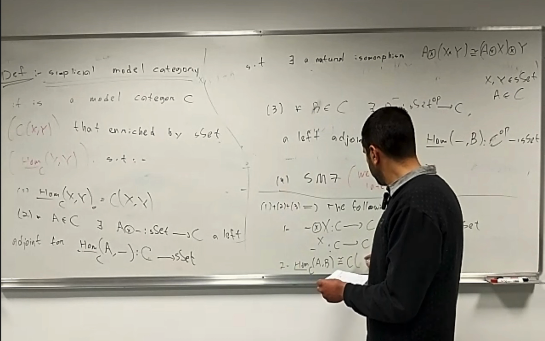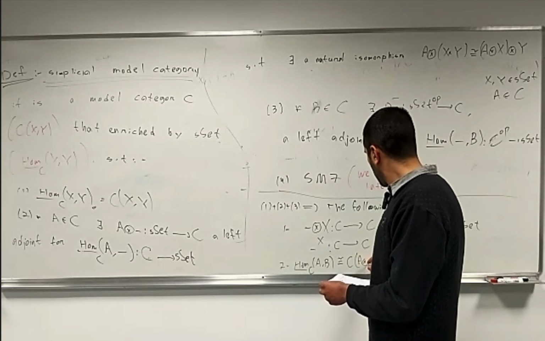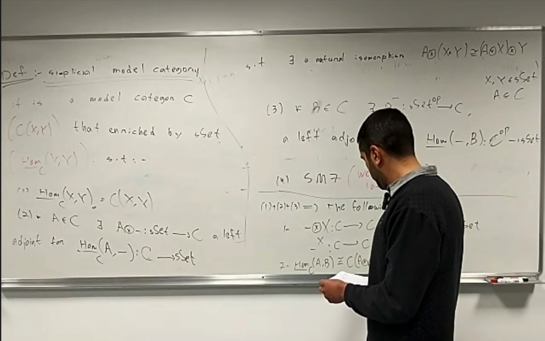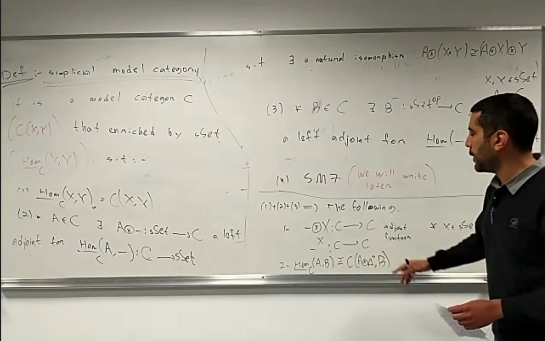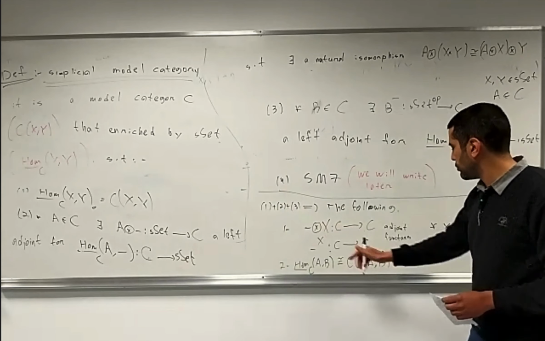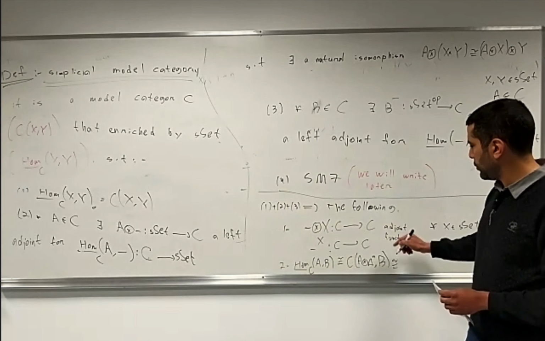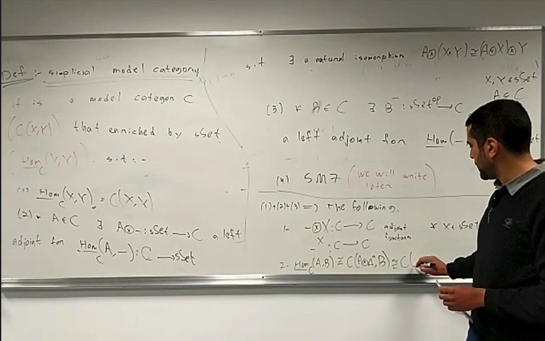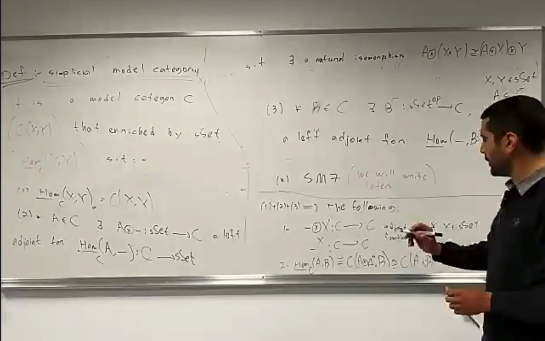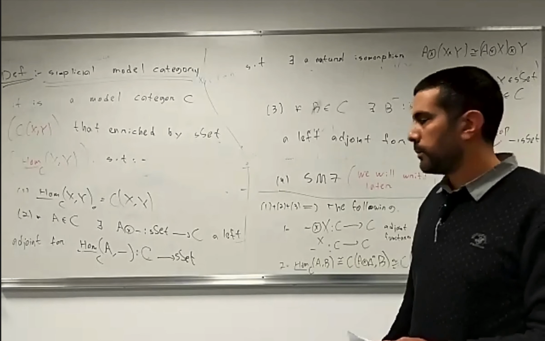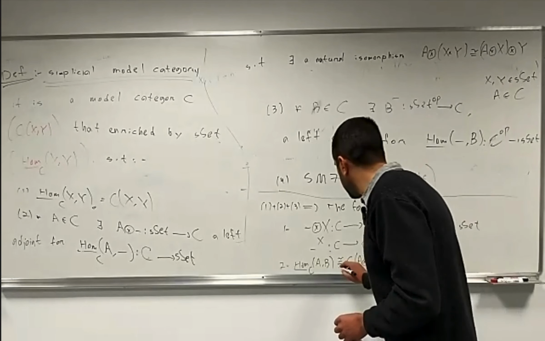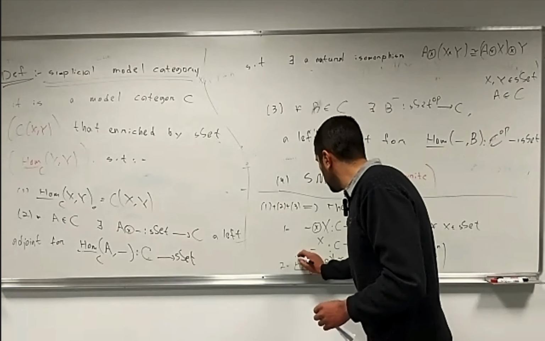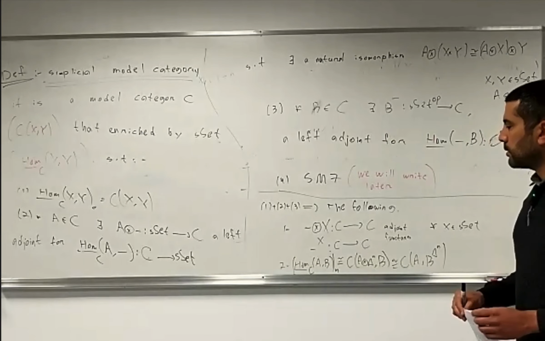Or because of the adjoint here, we can replace this by saying A, yeah, N, exactly. It is equal to this. Okay? So this is the relation.